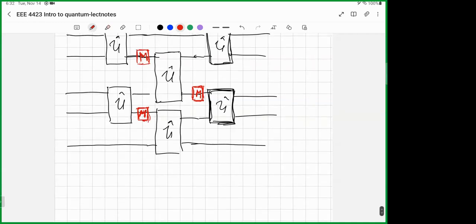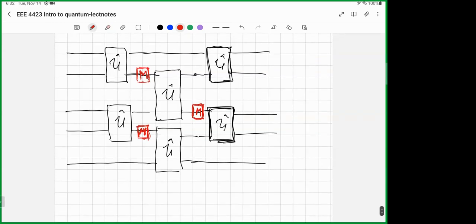Okay, so the application of the unitary operator changes the wave function. Then my circuit measures different qubits in this register, which is essentially projective measurements, right?